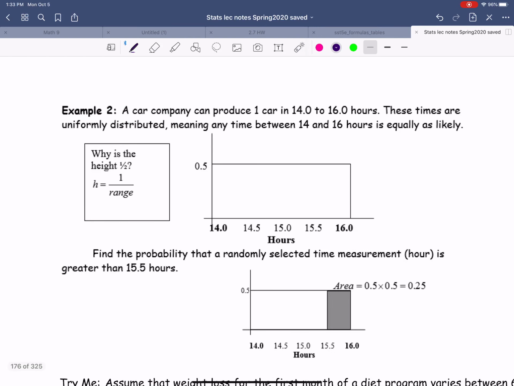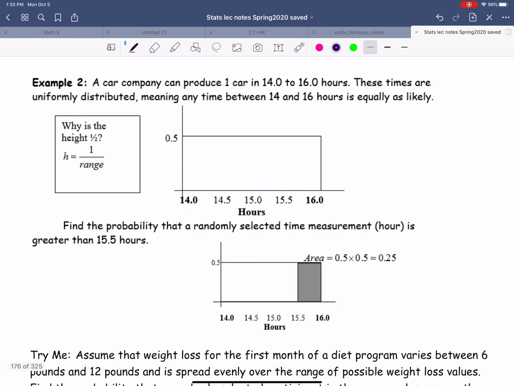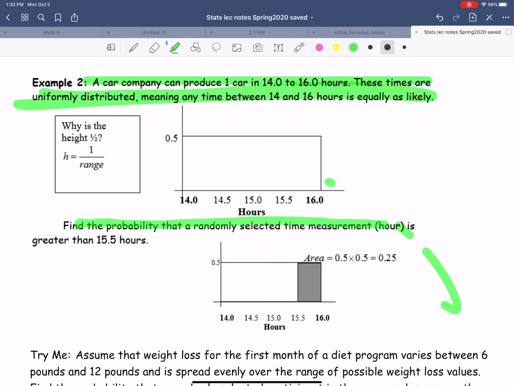Okay, next example. A car company can produce one car in 14 to 16 hours. These times are uniformly distributed. For a car to be built, it takes 14 to 16 hours. Find the probability that a randomly selected time measurement is greater than 15.5 hours.